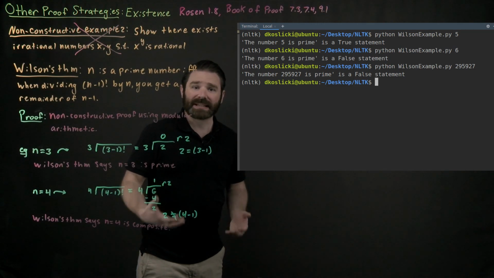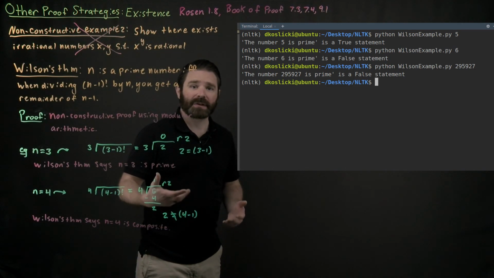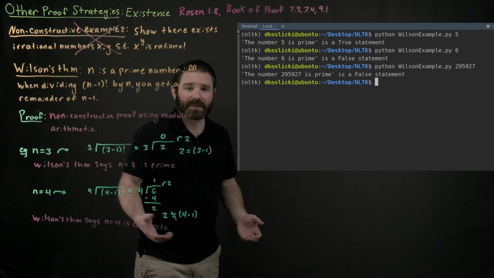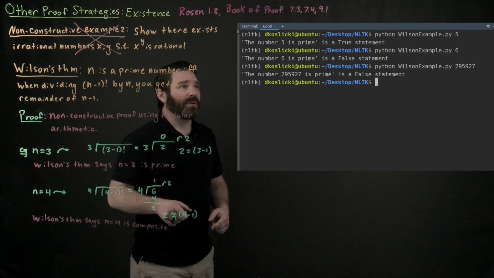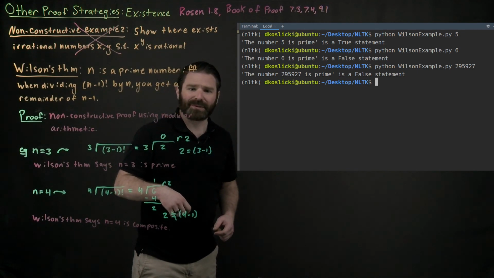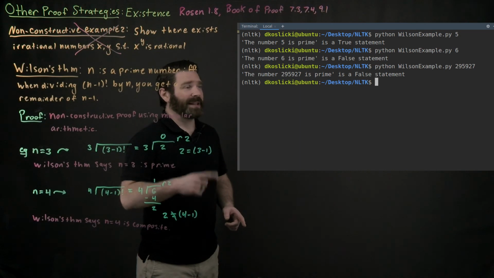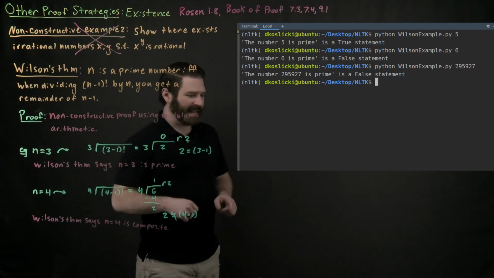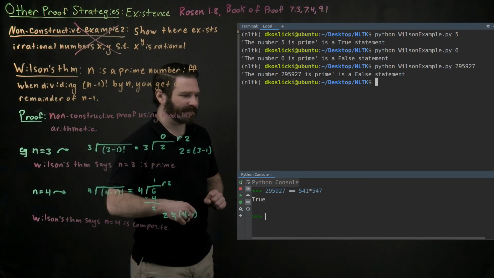But it didn't actually tell us what any of its prime factors are, or what any of its factors are for that matter. And actually, I know, because I constructed this particular example, that the factors of this number are 541 and 547. And I can go ahead and check that.